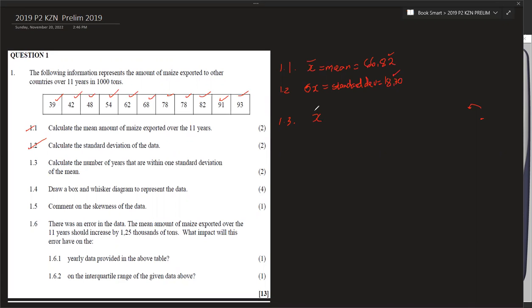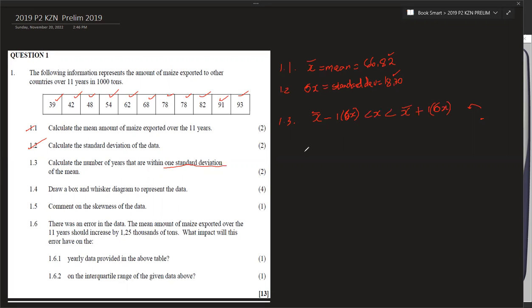It's x̄, which is your mean, minus 1 multiplied by the standard deviation. We call this the lower boundary. Why am I multiplying by 1? They said within 1 standard deviation. If they said within 2 standard deviations, I'll put 2 there and so on. Then x̄ plus 1 standard deviation, which we call the upper boundary.